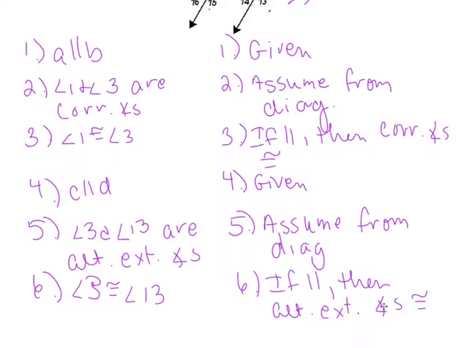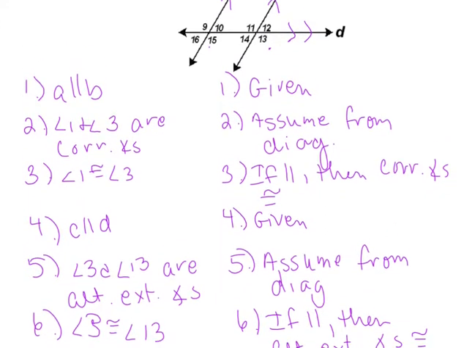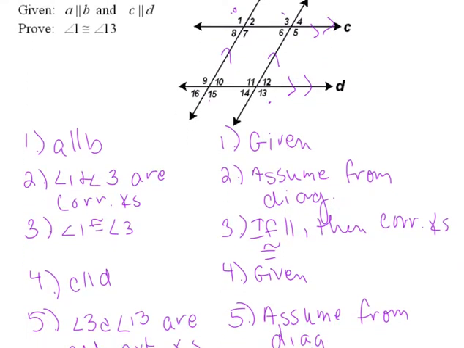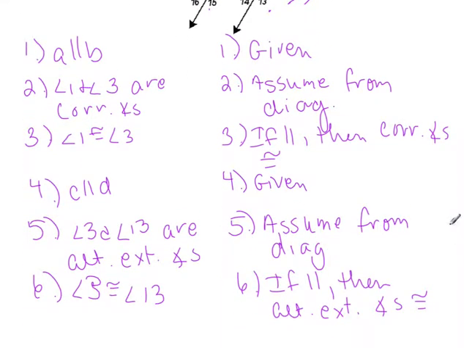And now that I've said that, I'm ready to conclude my last statement, which is what I was trying to prove. Angle 1 is congruent to angle 13. And I know that through the transitive property.